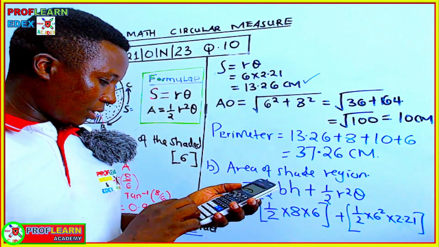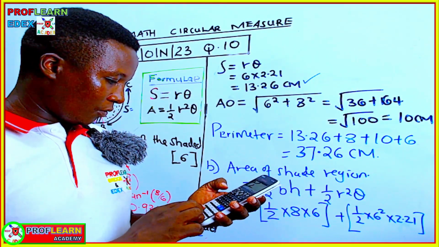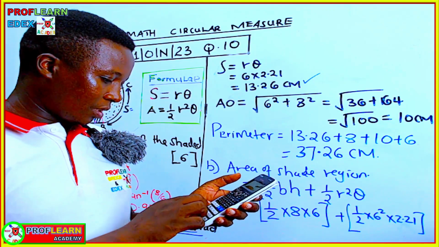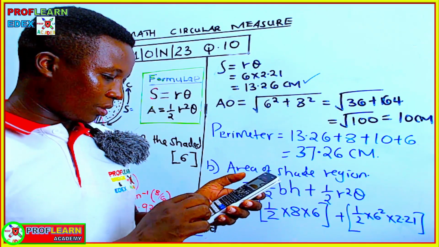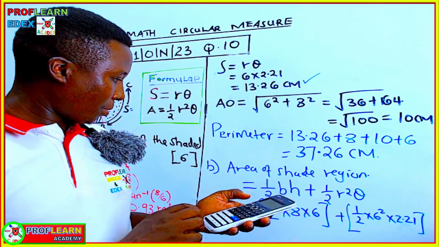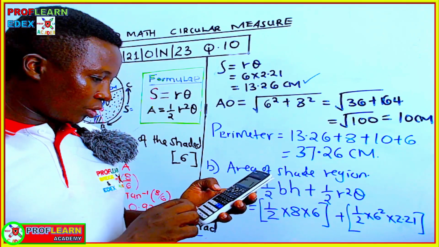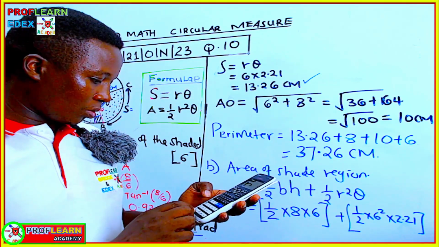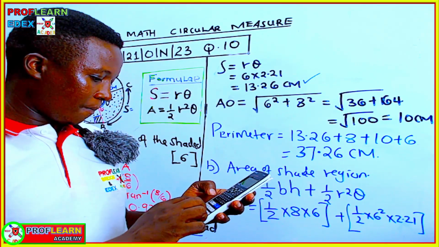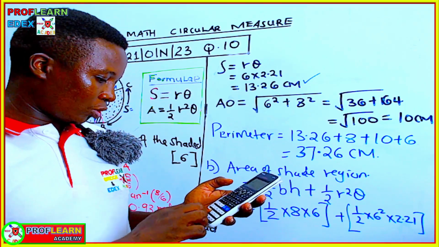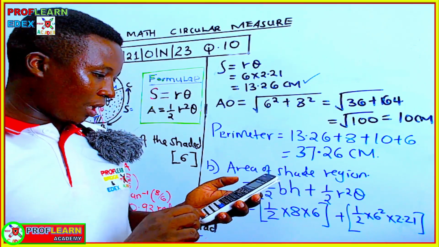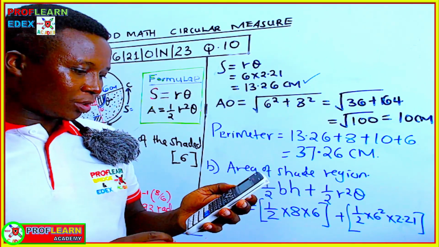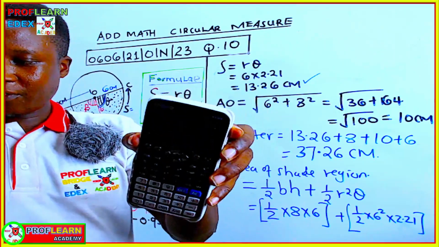So that is 1/2 times 8 times 6, close the bracket, then plus open bracket 1/2 multiplied by 6 squared multiplied by 2.21. I'm going to get my answer correct to 4 significant figures.